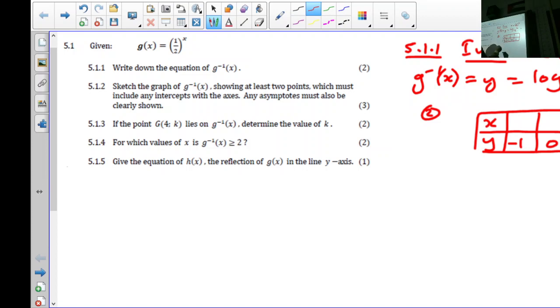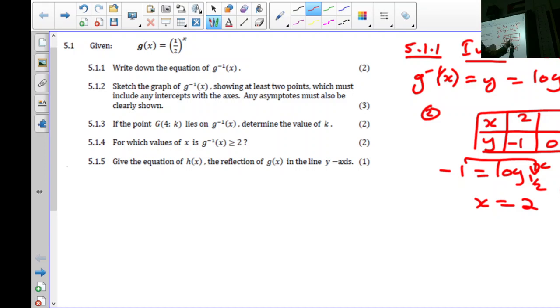So in the y row, to get the corresponding x value, we say if y is negative 1, I put the negative 1 equals log x base a half. So if I put that onto the half, x is then equal to 2. So this would now be a half to the negative 1, where we converted back to exponential form.